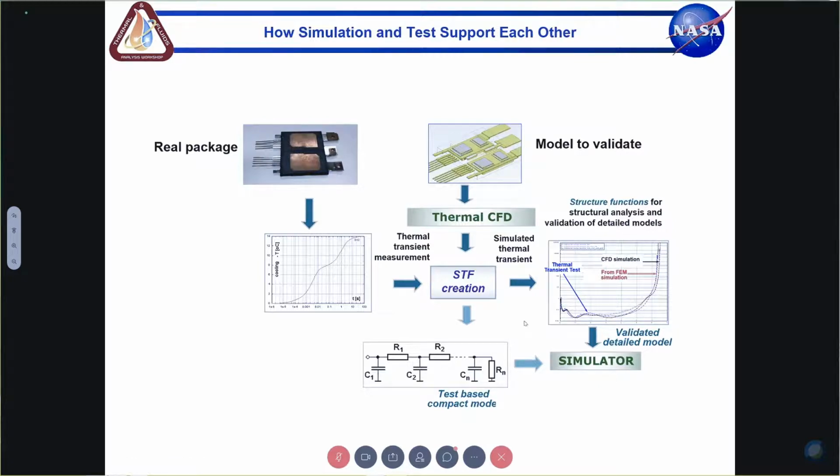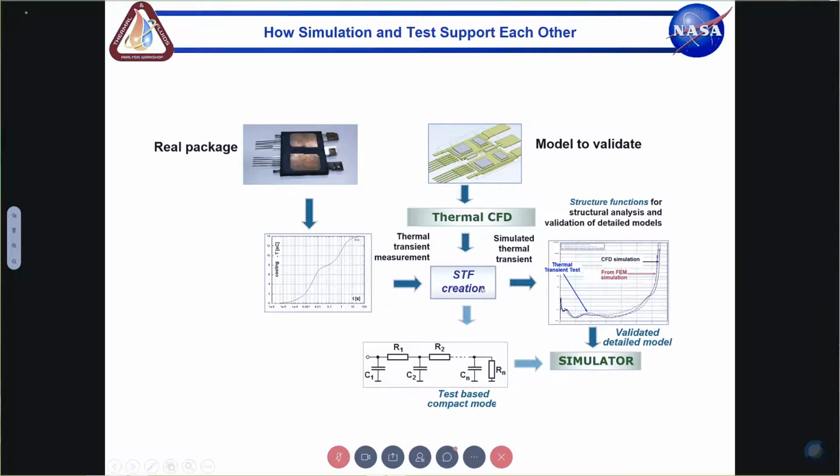One way is not even correlation. For one deep heat spreading case, you can actually take the package, make a measurement, create a structure function. That structure function is essentially a one-dimensional RC network model. So you can export it into a simulation tool and use it directly for a quick thermal simulation.